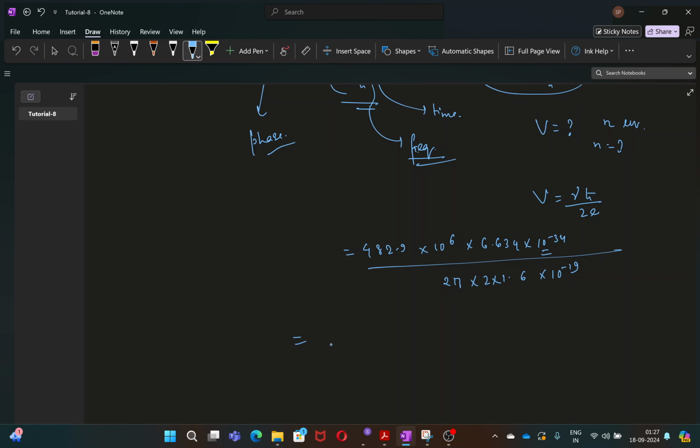This is around 1.59 into 10 to the power of minus 7 volt.